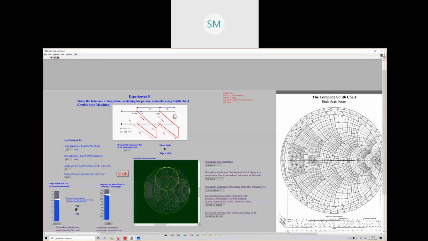What we were doing? If we move along the load, then we are moving clockwise.